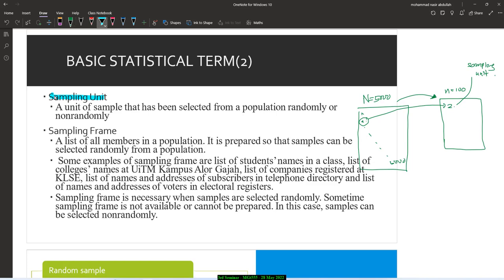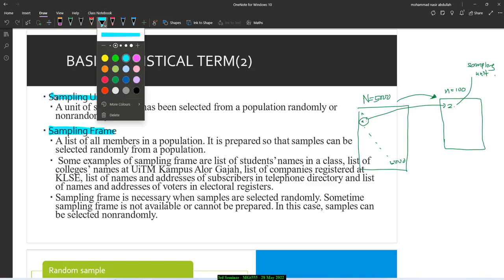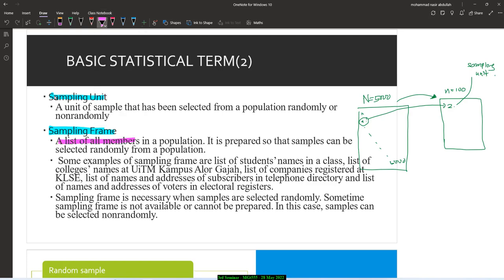Another term is sampling frame. Sampling frame is a list of all members in the population. So in this example, kita tengok example ni. We have 5,000 students in UiTM Tapah.